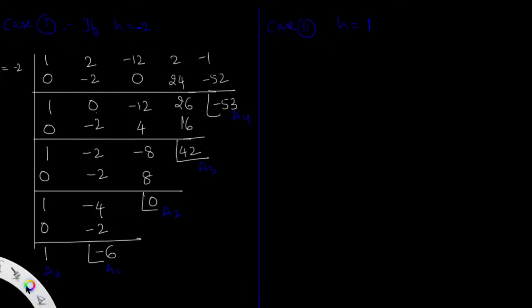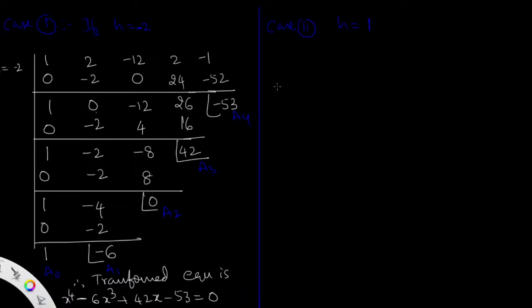Therefore the transformed equation for the case h equal to minus 2 is x to the power of 4 minus 6x cube plus 42x minus 53 equal to 0. The x square term should be 0, the first, second, third term is zero, so it is correct. Just check the coefficient of the third highest term; it becomes 0, then it is correct.